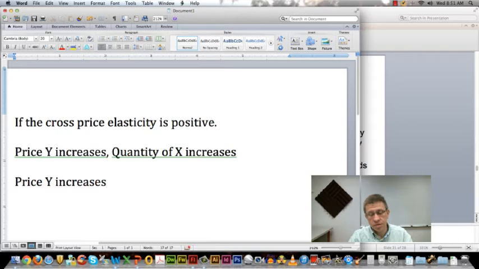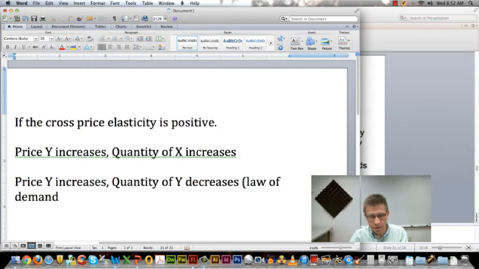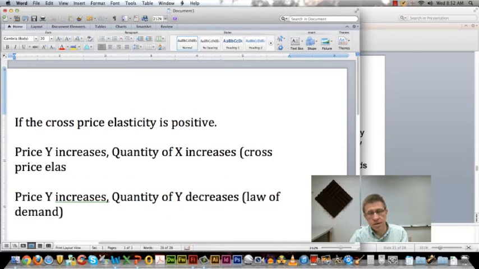Well, to figure this out, when the price of Y increases, what happens to the quantity of product Y? You just have to go back and realize the law of demand, right? The price of Y increases, the quantity of Y decreases. Price up, quantity down, law of demand. This is because the cross-price elasticity is positive.